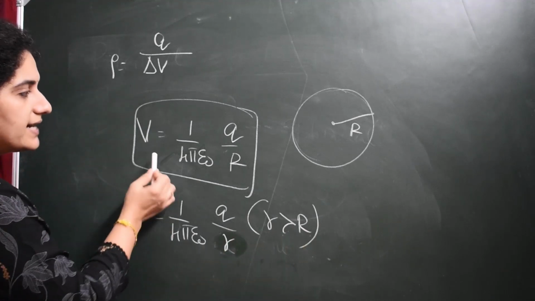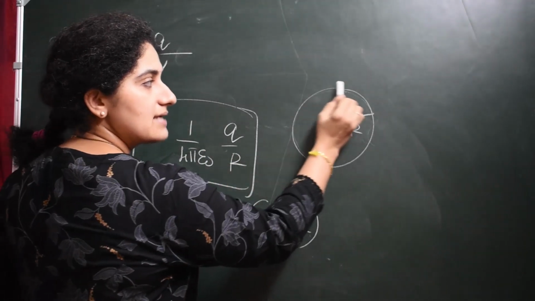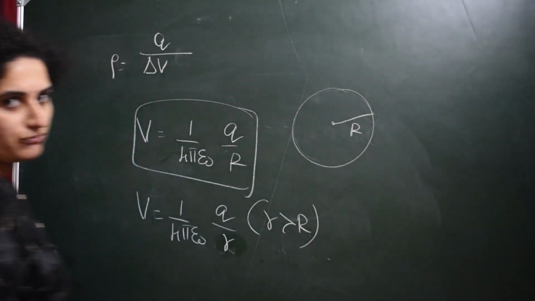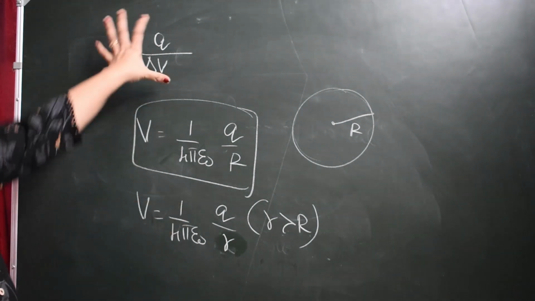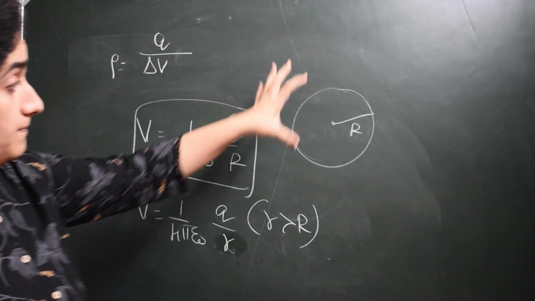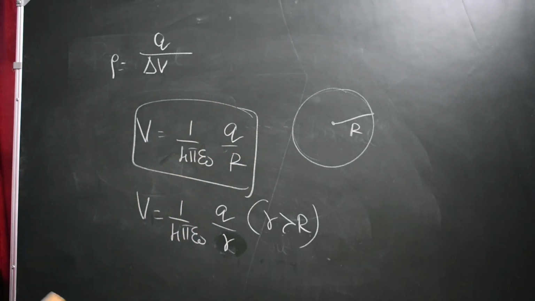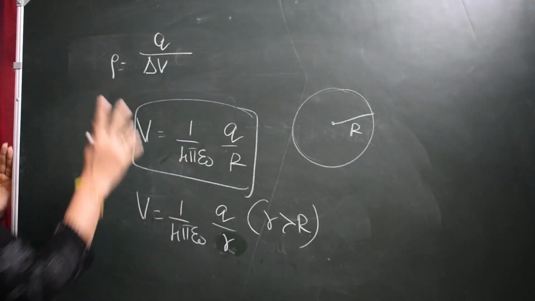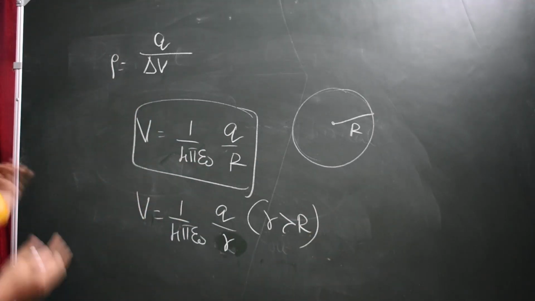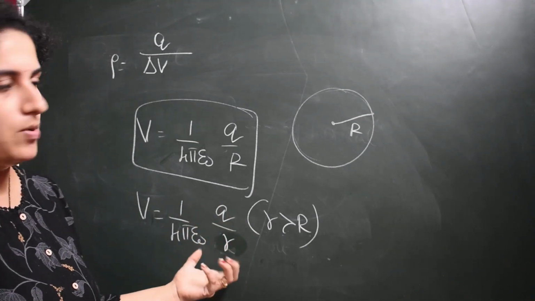So this is outside, this is inside, where inside is the same as that on the surface of the spherical shell. This is just a part of potential due to system of charges. First consider the single point charges, then consider the continuous charge distribution.